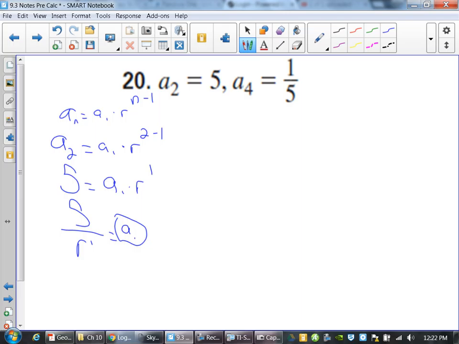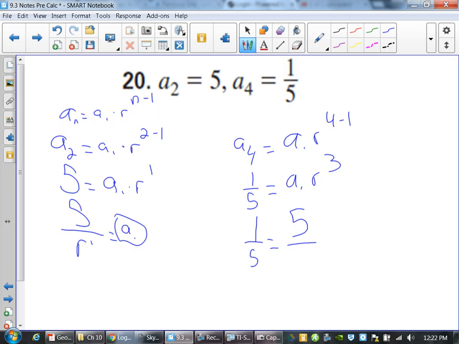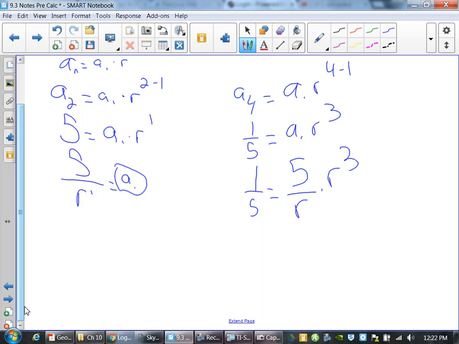And then the same thing over here, the fourth term. First term, r to the 4 minus 1, is 1/5. First term, r cubed. So 1/5 is 5 over r squared, or r cubed, excuse me. And for geometric, you get 1/25 is r squared.